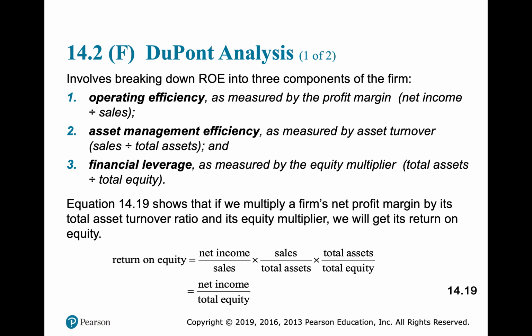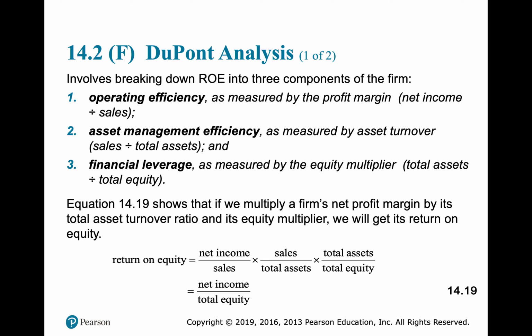The first one is net income over sales, which is also known as the profit margin, or we can refer to this as your operating efficiency. At the end of the day, what this tells you is how efficiently you are turning your sales into true profit.